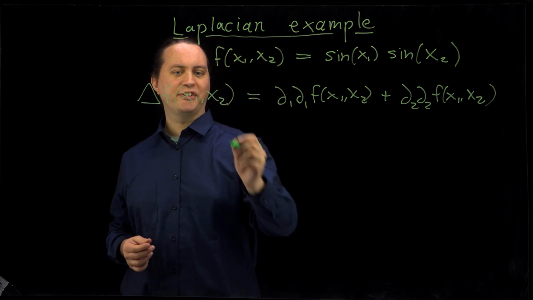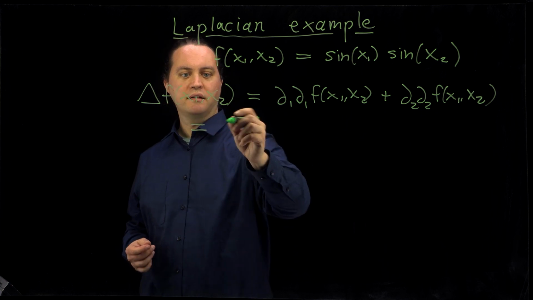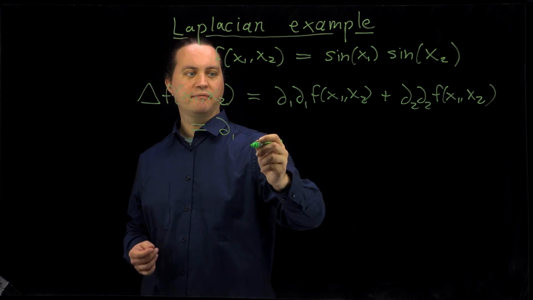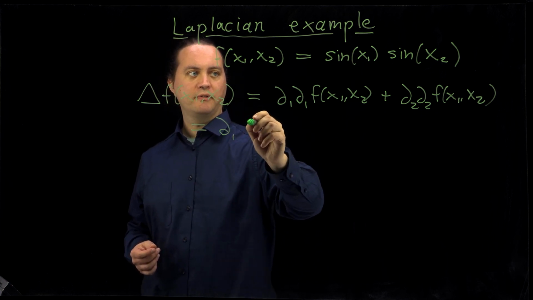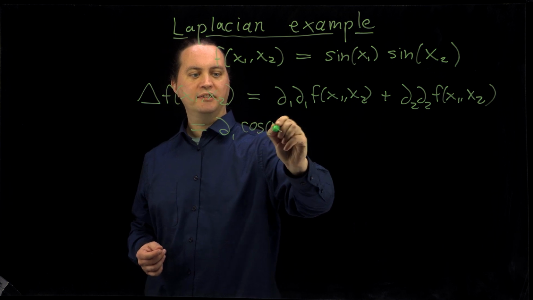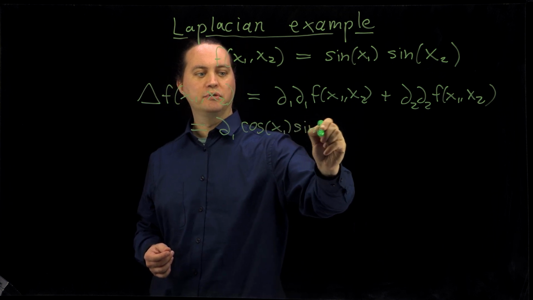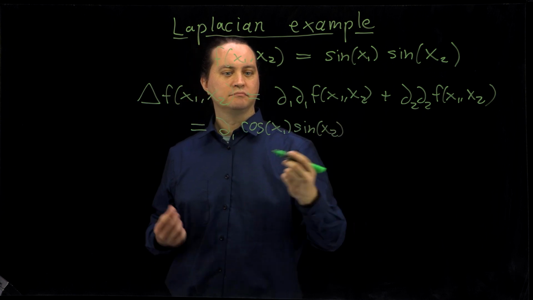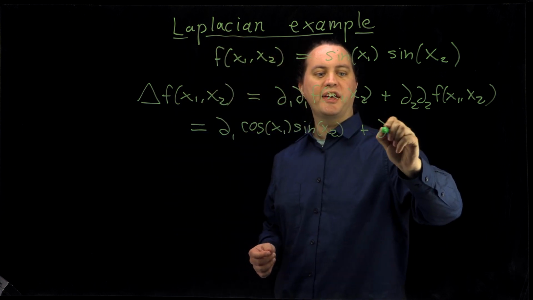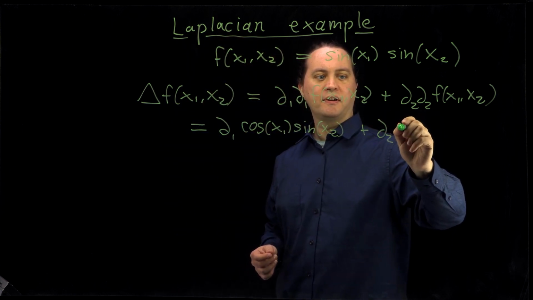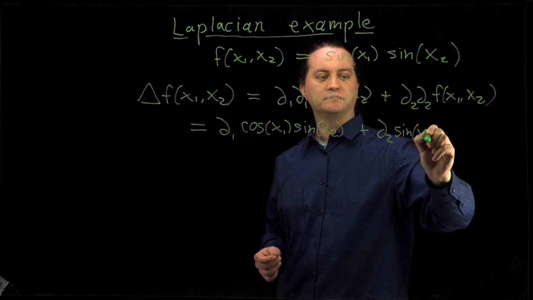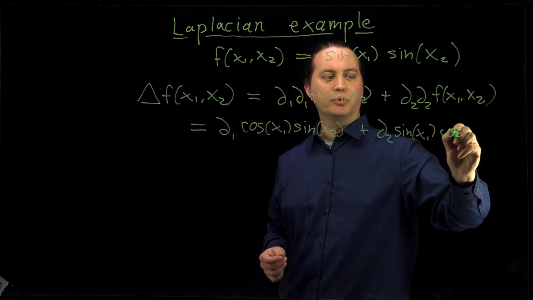Let's do one after the other. We get del 1 of the cosine of x1 times the sine of x2, plus del 2 of sine of x1 times cosine of x2.